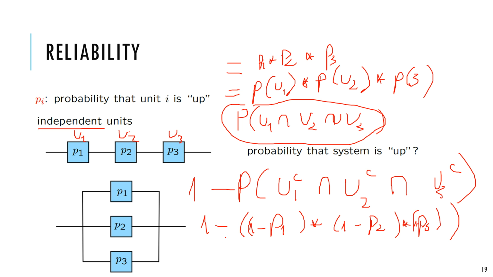You can see that this value is greater by a lot compared with this value. So the probability in this structure is greater than this structure, and it is more reliable.